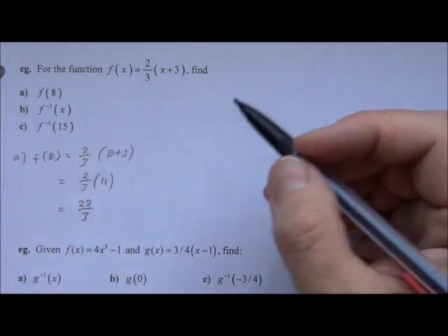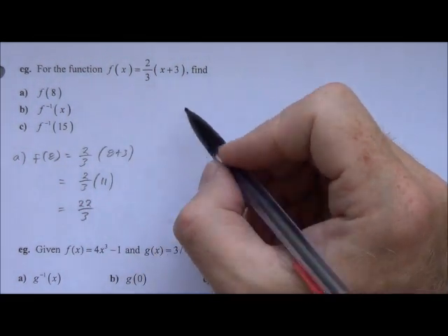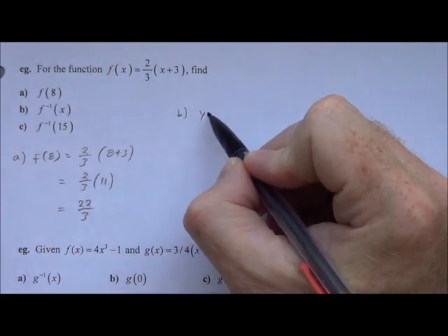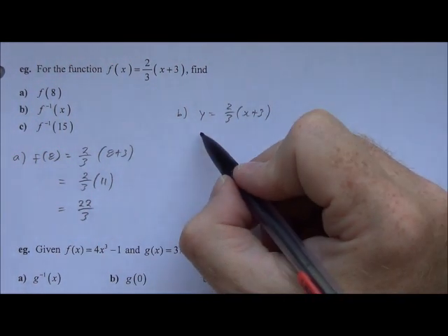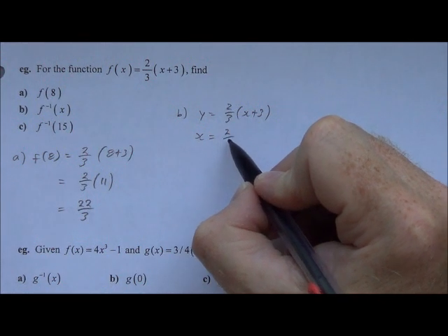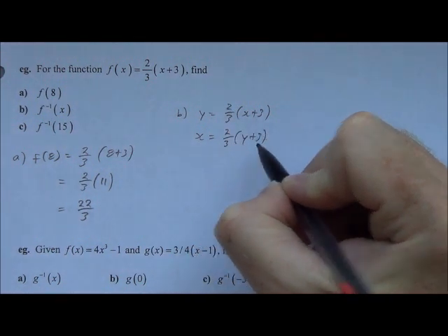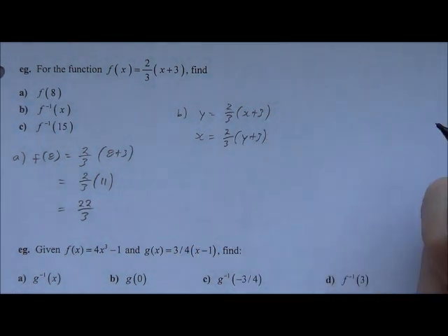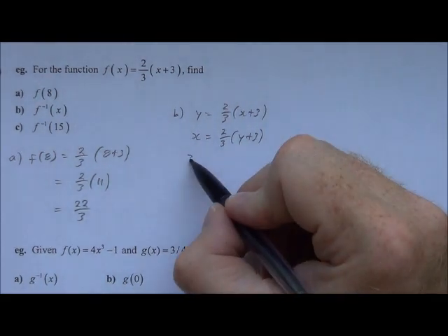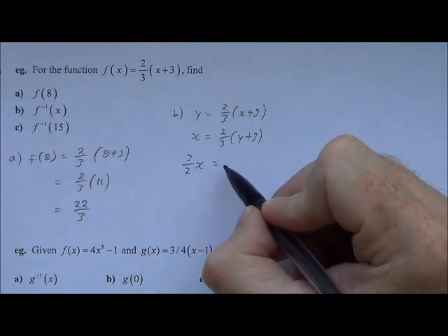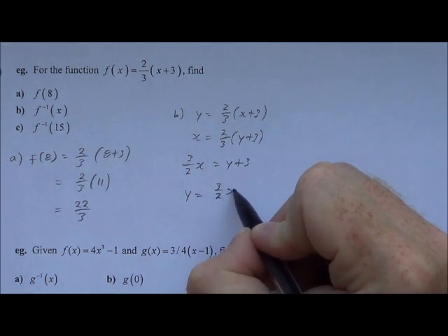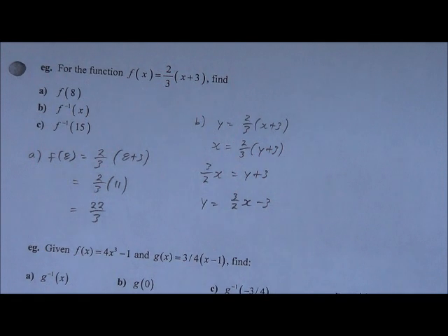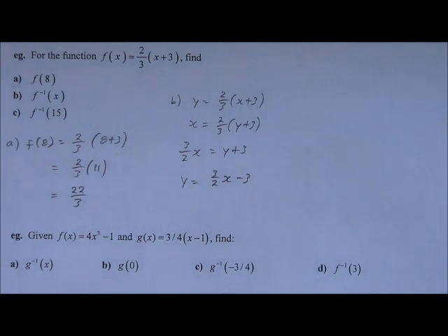And now we need to find f inverse of x. So I'll rewrite this as y equals 2/3 x plus 3. Now we'll interchange the x and y. And then now I'll solve for y. Okay, so we've got y equals 3/2 x minus 3.